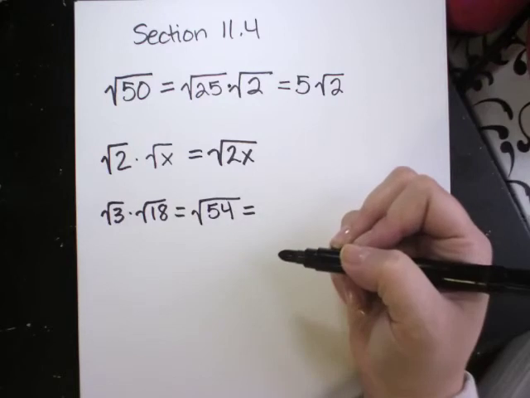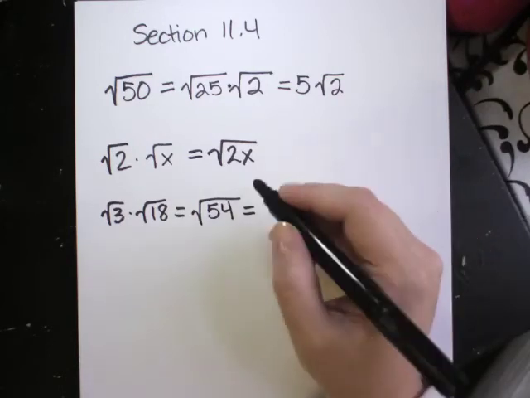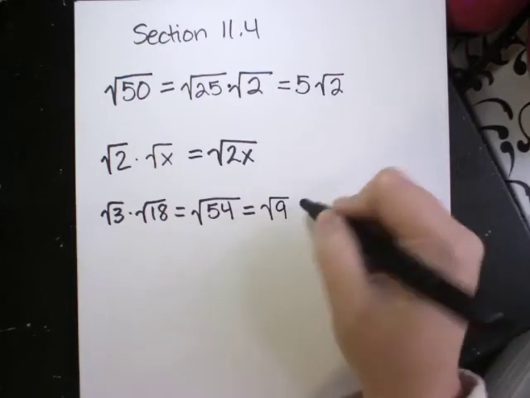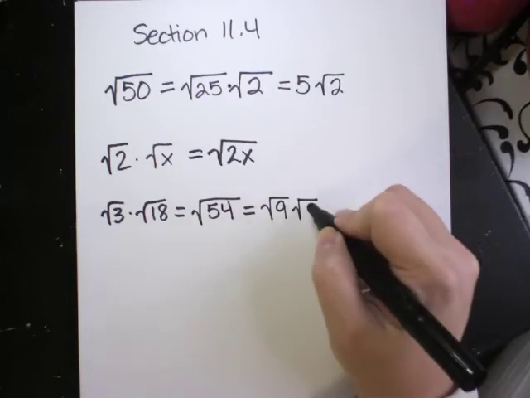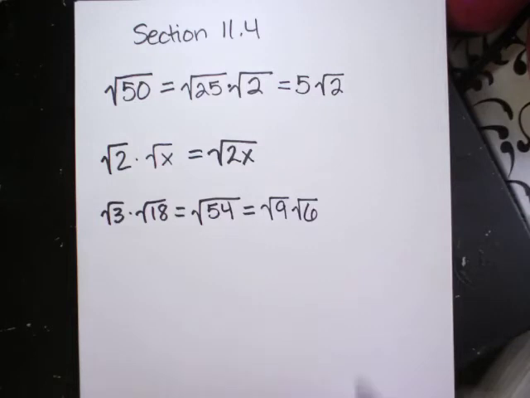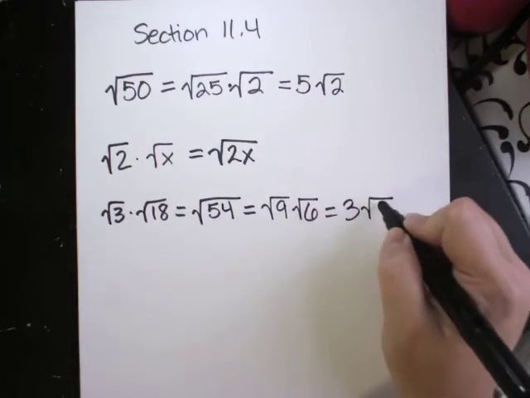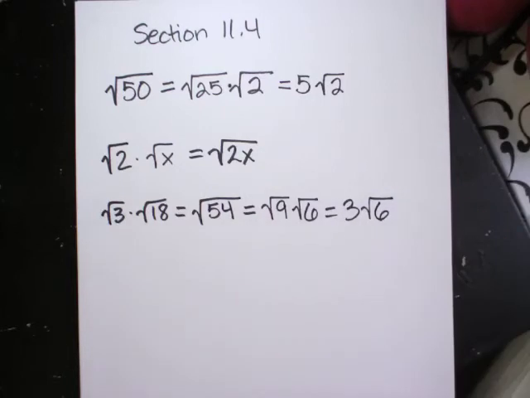And what is our perfect square factor in 54? 9 times 6. Then we take the square root of 9. 6 is only factors of 2 and 3, neither of which is a perfect square, so it remains in the radical. So we combined, and we resimplified.